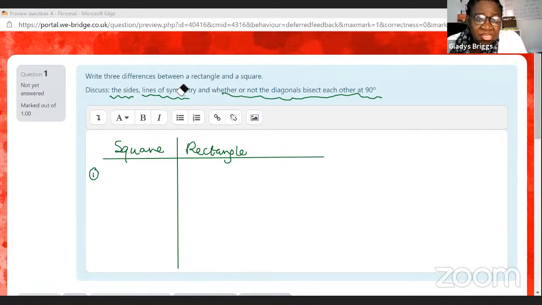You want to be discussing the sides, and you want to be discussing symmetry and the diagonals, how they bisect each other. Well done.